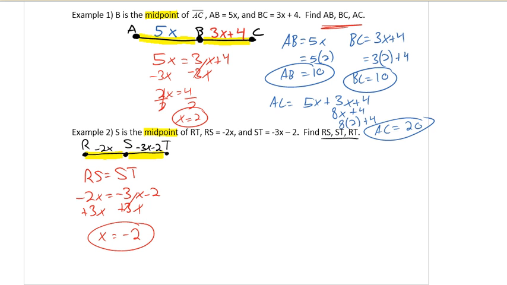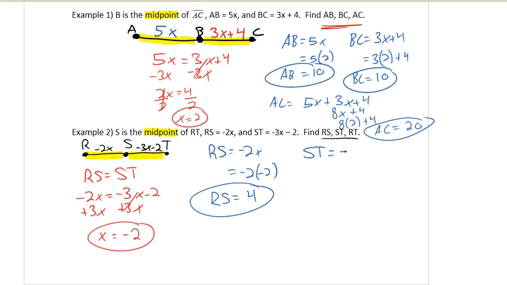We can find what these segments actually are. So we have RS is equal to negative 2x. So we have negative 2 times negative 2. RS is 4 units. Then we have ST is equal to negative 3x minus 2. We should already be thinking this is going to equal 4. Let's double check though.